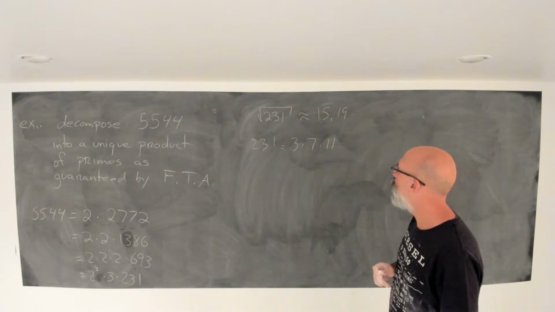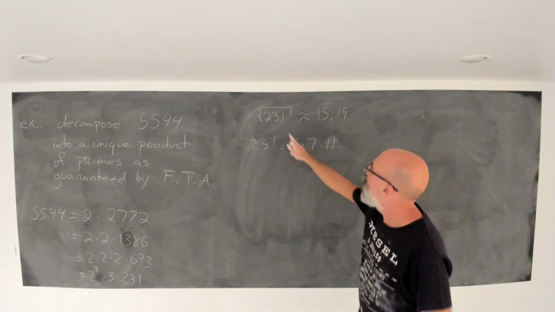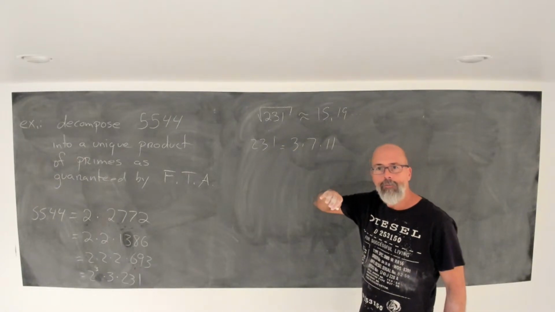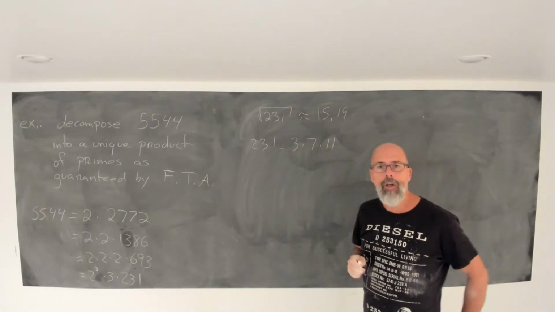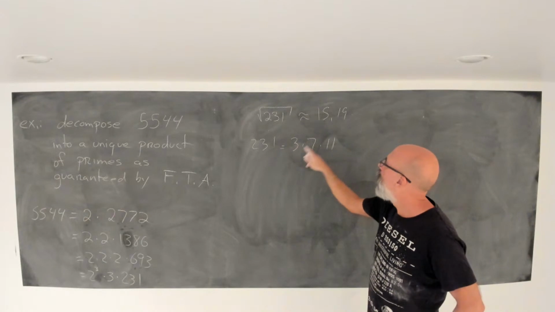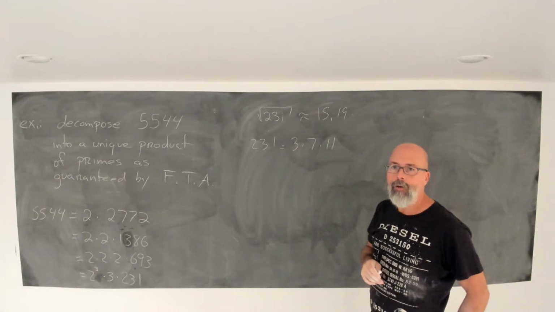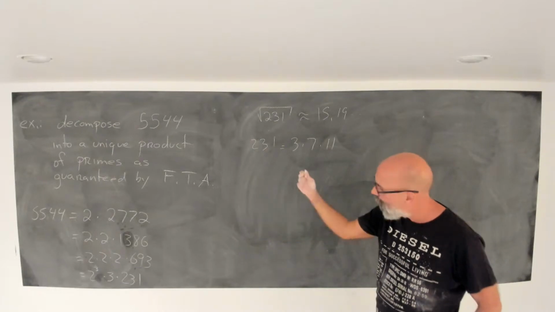So there it is. But if you weren't sure, and if you didn't see it, you could test whether it was prime or not by this trick, right? Because it could have been prime, and that would have been the end of it, but it isn't.